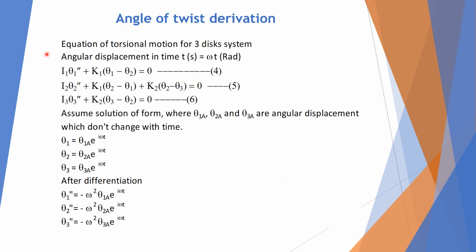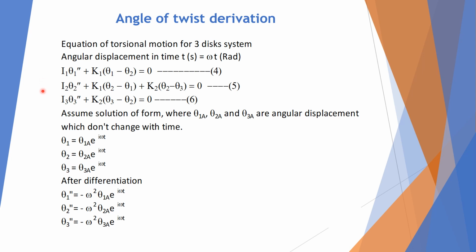Angle of twist derivation. Equation of torsional motion for a three disk system. Angular displacement in time t is omega t radian. We can write I1 into theta 1 double dot plus k1 into bracket theta 1 minus theta 2 bracket close equals 0.